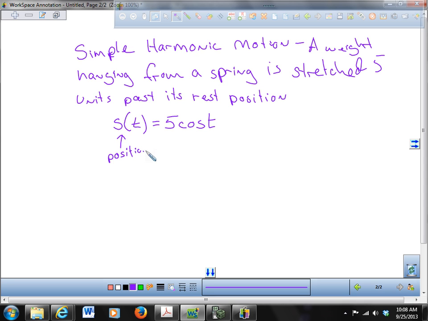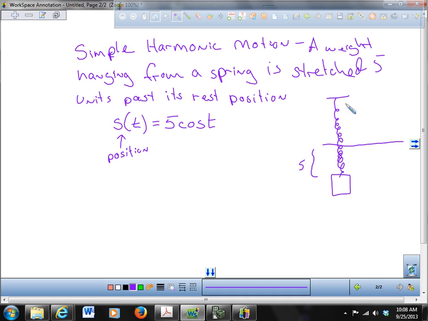Position. If you remember, you have this little spring going down like here, and there's a weight down here, and here's the equilibrium position over here. It's pulled down, so this would be 5 units, and then it's going to go up.